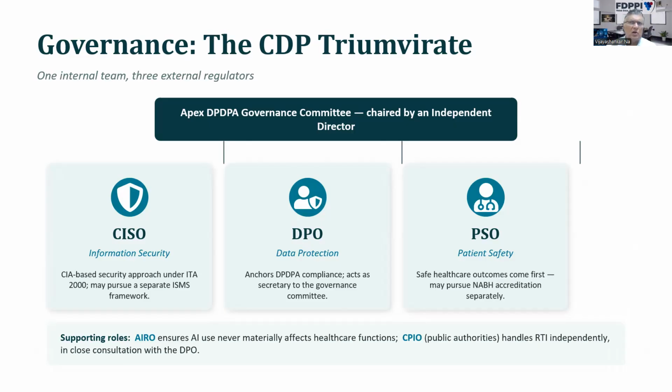Of course, when he handles RTI, he handles it independently, just like the DPO handling the DPDPA things independently. But internally, the governance structure has to bring the CISO, DPO, PSO, and the CPIO, and if there is an AI regulatory officer, ARO, everybody together into a team.